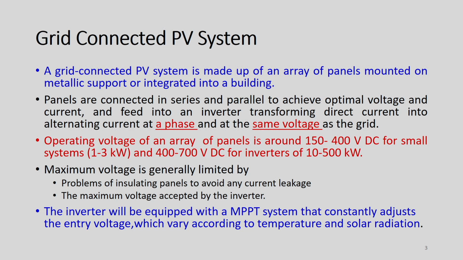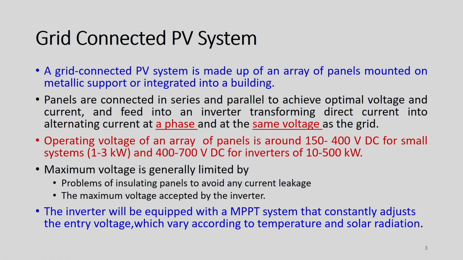The operating voltage of an array of panels is around 150 to 400 volt DC for small systems of capacity 1 to 3 kilowatt, and 400 to 700 volt DC for inverters of capacity varying from 10 to 500 kilowatt.